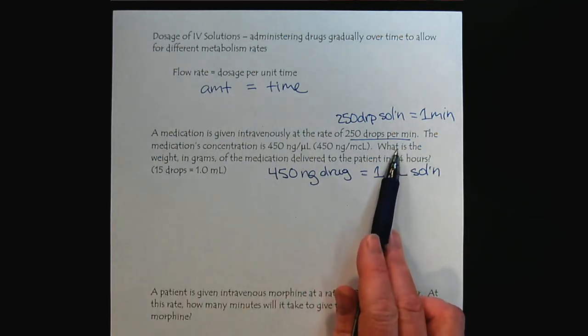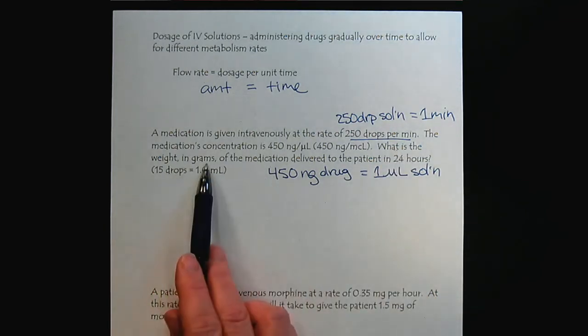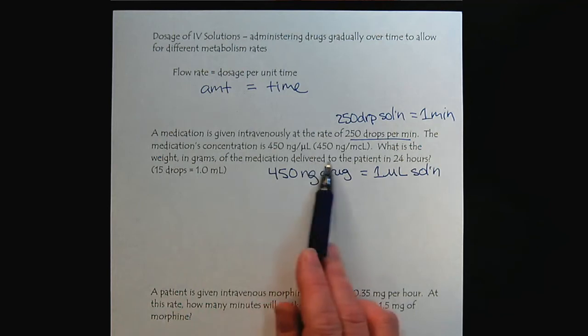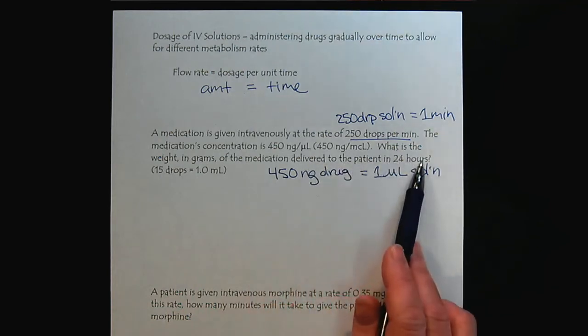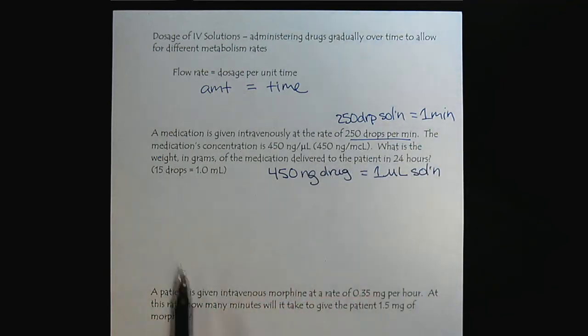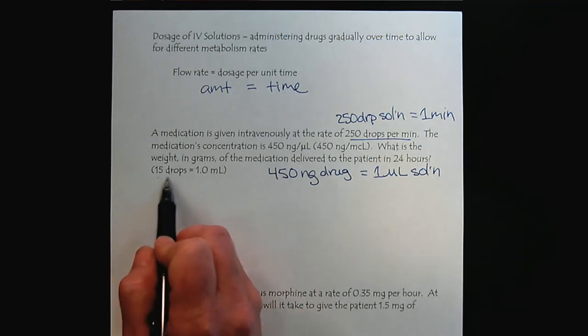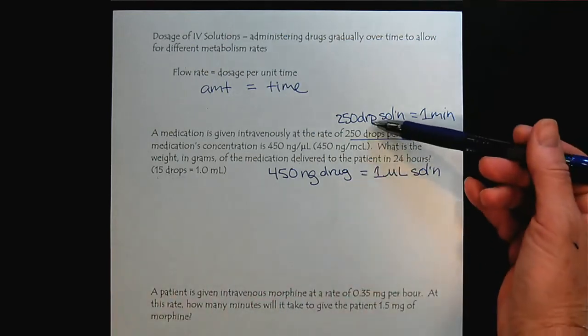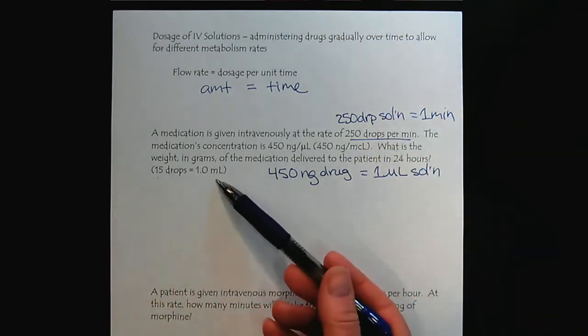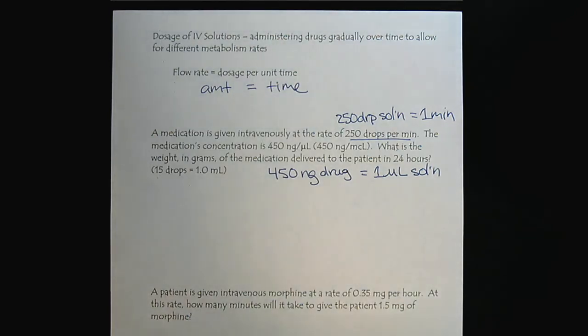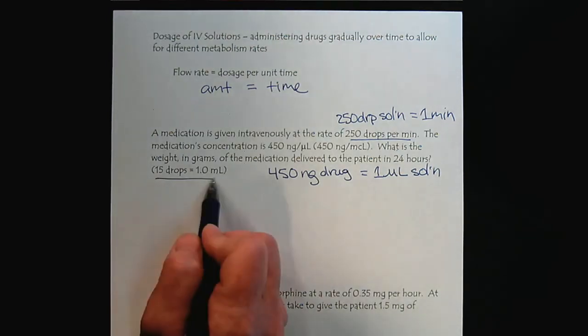So then the question asks, what is the weight in grams of the medication delivered to the patient in 24 hours? And for this one, we have some extra piece of information to connect drops to milliliters. All right? So this will be handy as well.